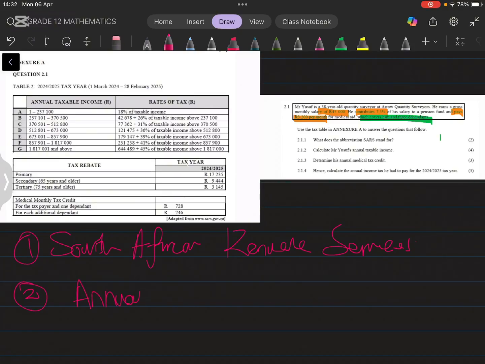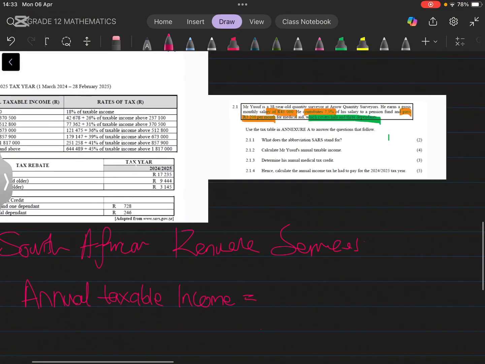Annual taxable income will be equal to: Mr. Yusuf gets 45,000 rand every month, and he contributes 7.5% towards a pension fund.